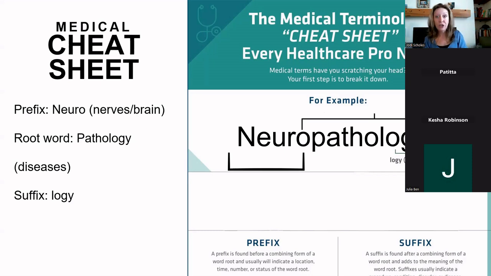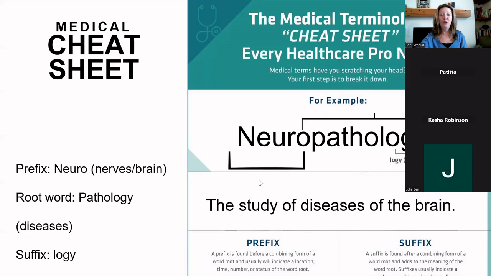A neurologist studies the brain, studies pain in the nerves originating in the brain. Pathology, dysfunction or diseases. So neuropathology is the study of diseases of the brain.